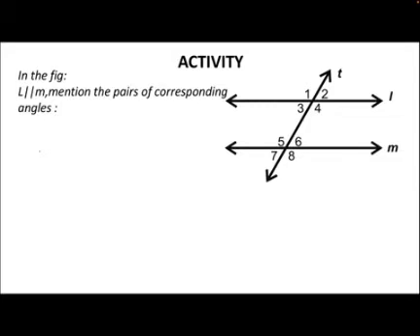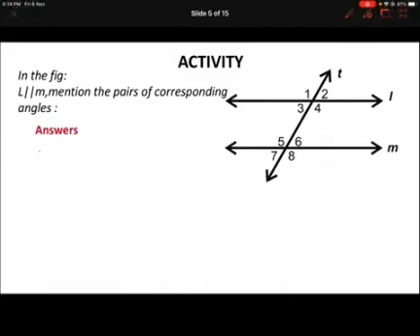Now, since you know how to identify corresponding angles, it's easy for us to write the pairs. Now, let's see. Do you all agree that angle 1 and angle 5 are corresponding to each other? Yes? I'm sure all of you can. Remember, same side of the transversal, and both these two angles are above the parallel lines.